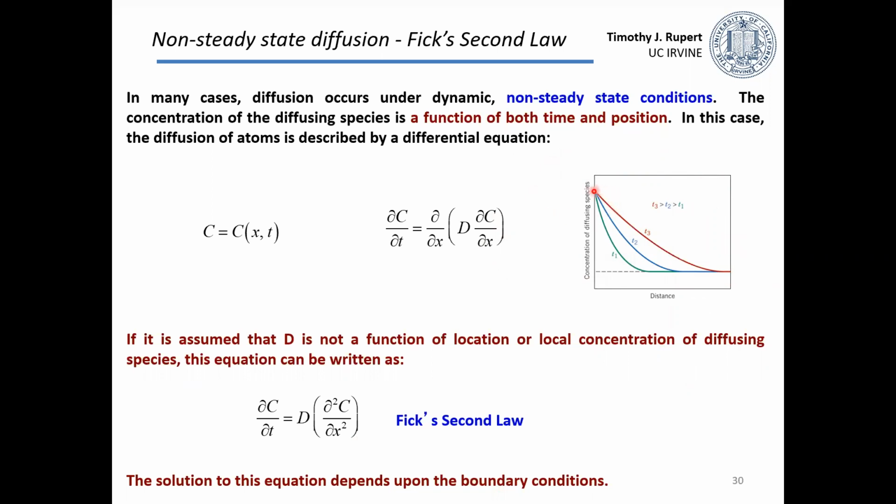So this is a drawing where we have some infinite reservoir of material over here at this starting concentration. And we're looking at how this material moves into the system on the right, okay? And what we can imagine is as we go from T1, T2 to T3, so going to longer and longer times, that species is going to diffuse further and further into the sample, okay? And we're just trying to describe the shape of that.